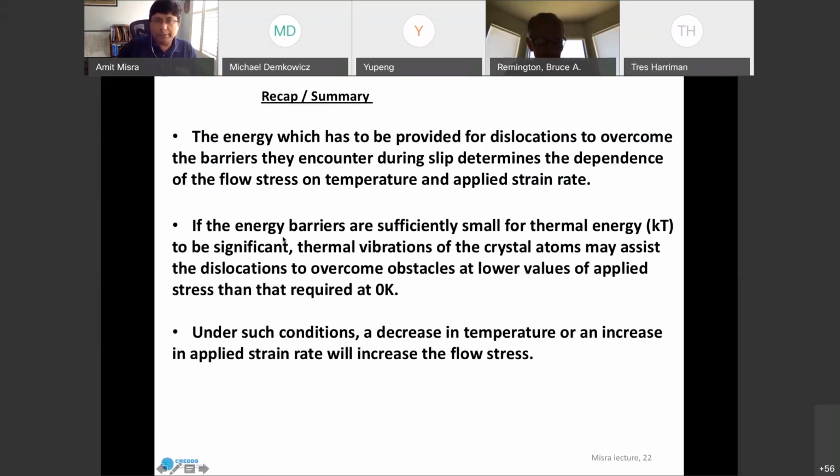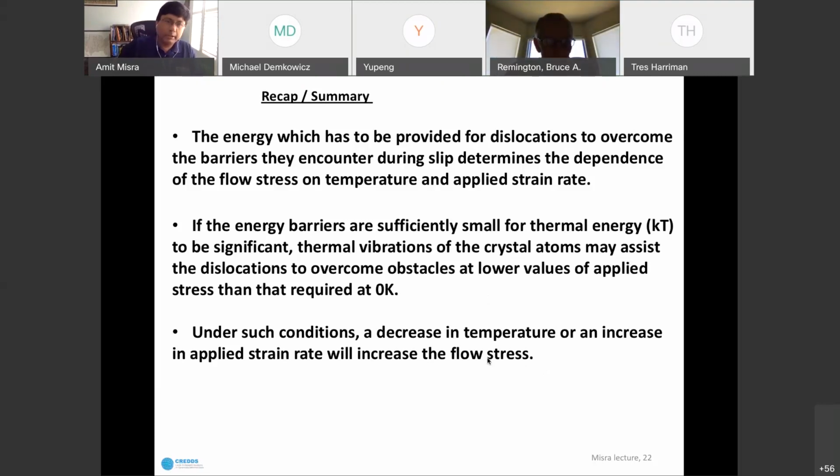If the energy barriers are sufficiently small for thermal energy, which is kT, to be significant, thermal vibrations of crystal atoms may be able to assist the dislocation to overcome the obstacles at lower values of applied stress than at 0 Kelvin. Under these conditions, you'll see a strain rate and temperature dependence. So a decrease in temperature or an increase in strain rate will increase the flow stress. So this is describing the theory.